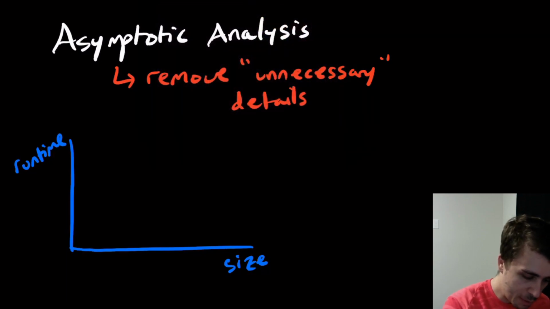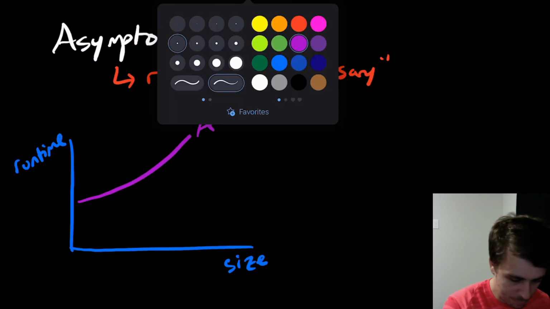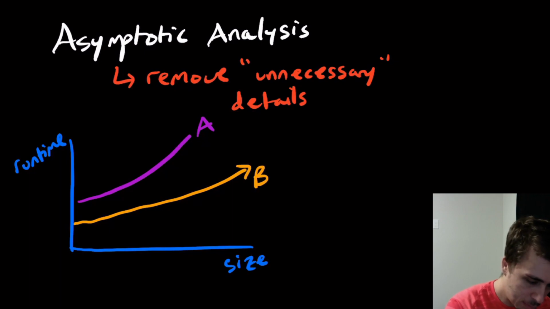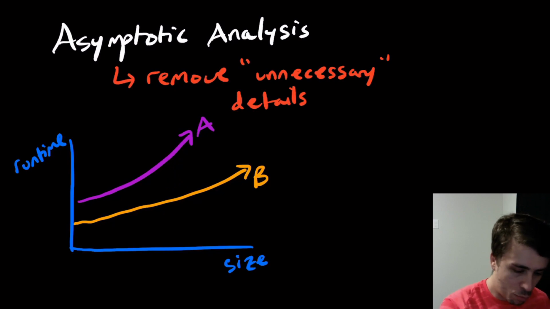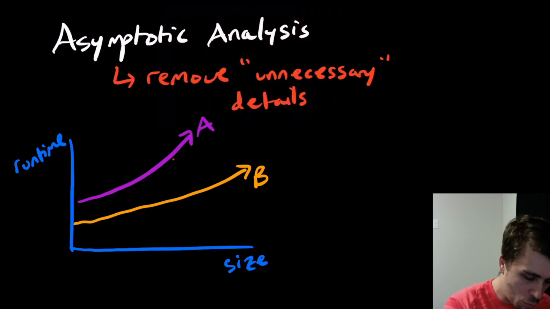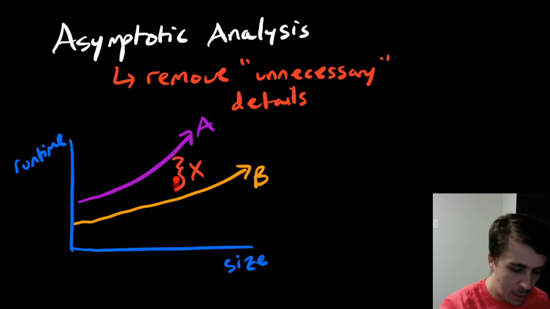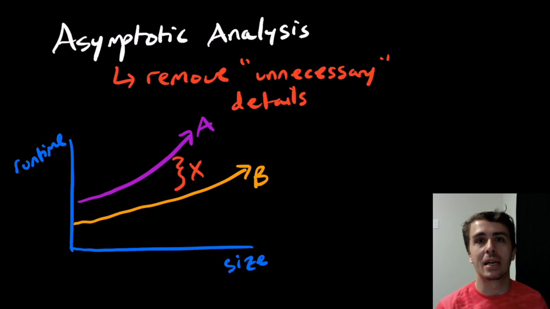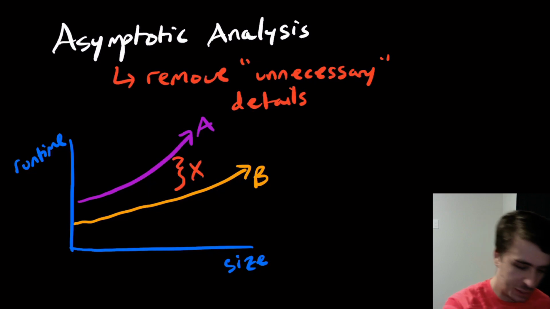Let's say that we have algorithm A looking like this, and algorithm B looking like this. Maybe I should put an arrow on the A. So we're not really focused on what this gap is here, the actual absolute difference between them, but we're going to look instead at the relative difference.